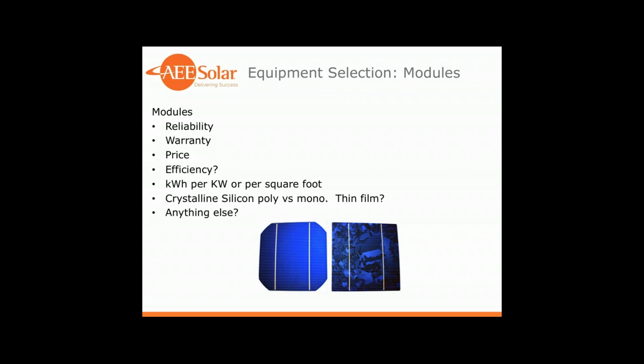But really, I encourage people to get a high-quality product that's going to last, has a middle to high-end efficiency. And what that's going to do is really deliver you a high kilowatt hour per kilowatt on a per square foot basis, but at a given effective price.